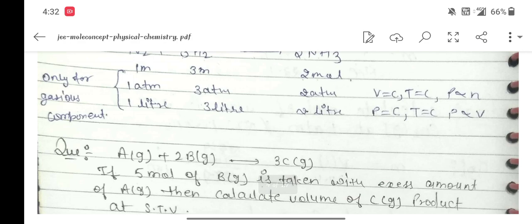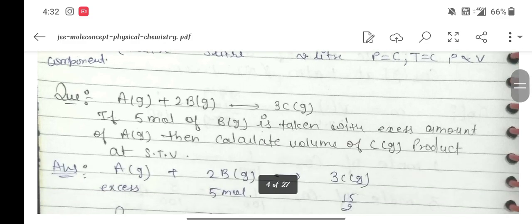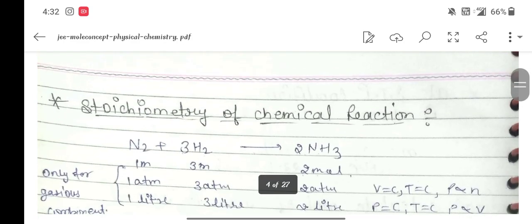Now if we come to the question, they have asked A plus 2B gives 3C. So if 5 moles of B is taken with excess amount of A, then we have to calculate the volume of C, that is the product, by stoichiometry.